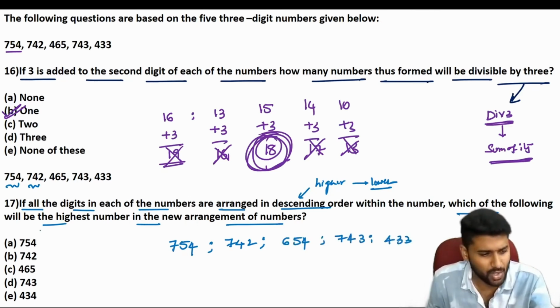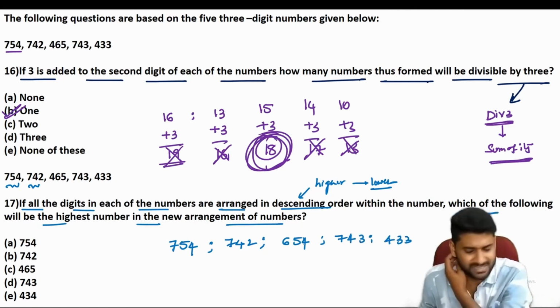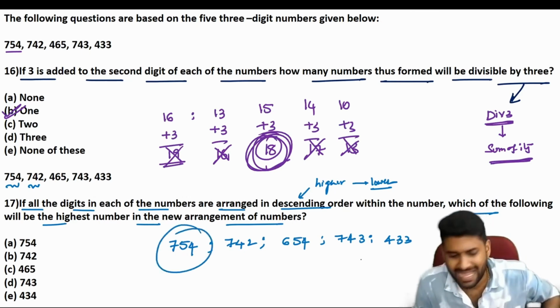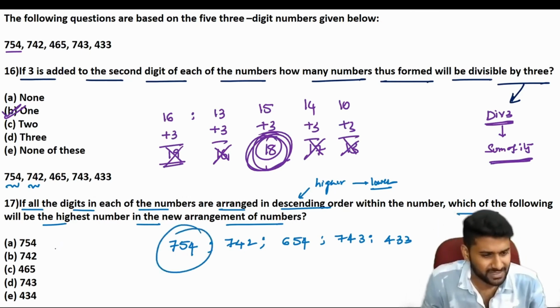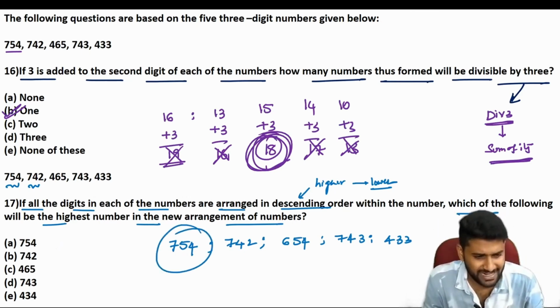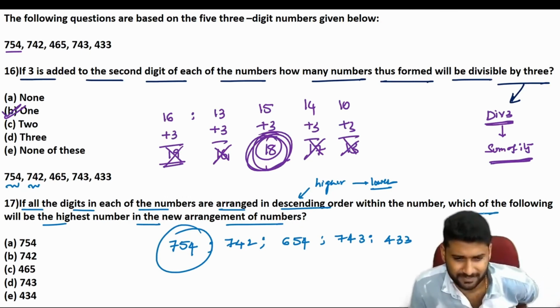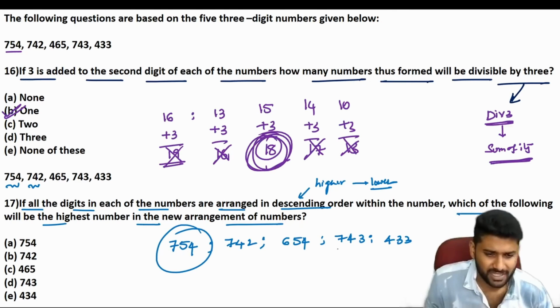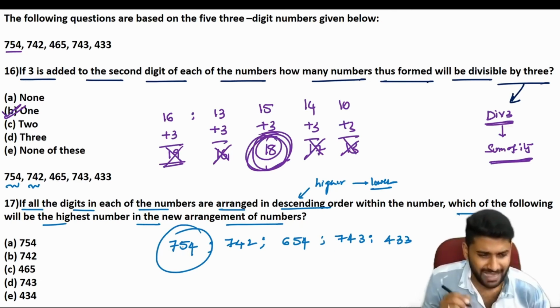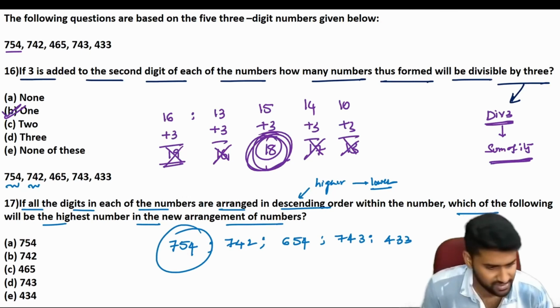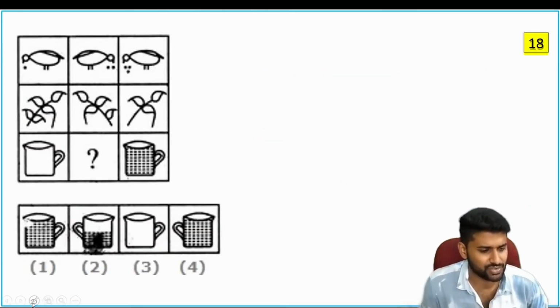Now the question, what will be the highest number? So still 754 will be the highest number. In the new arrangement, the highest number is still 754 itself only, right? So check it out, it's 754. Next, go through the next one.